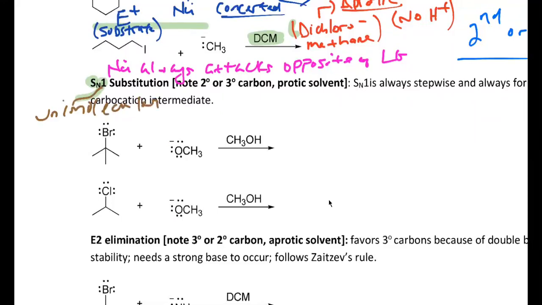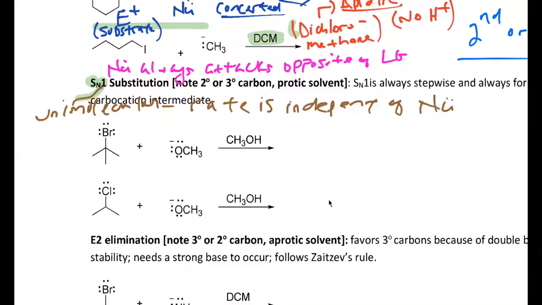What that means, simple: the rate is only dependent on the substrate, not the nucleophile. So the rate is independent of the nucleophile. I don't care how good the nucleophile is either. It doesn't matter. It does not change the rate.